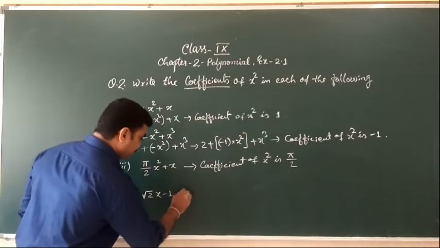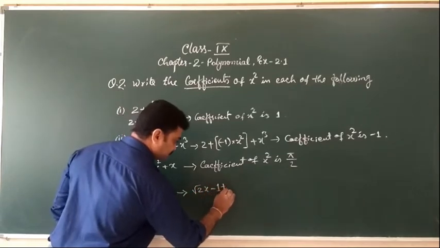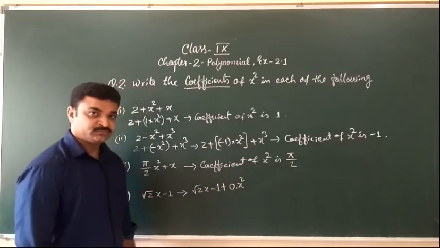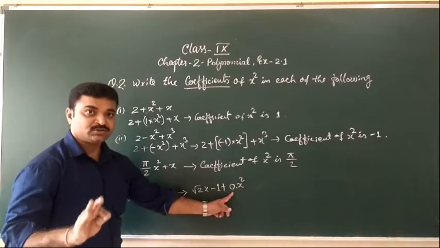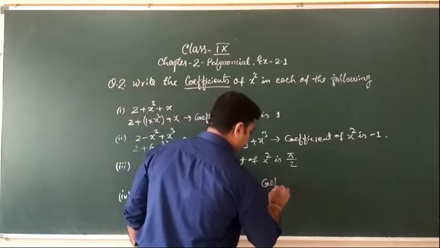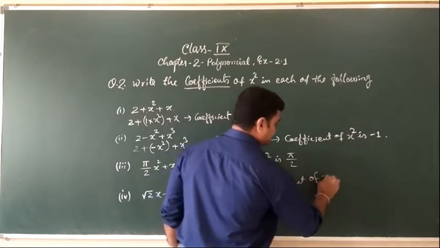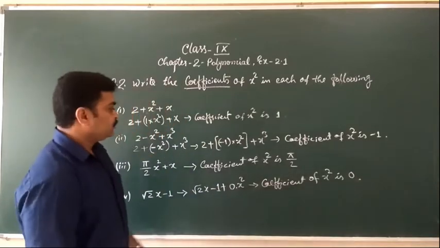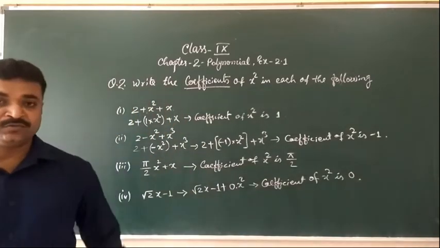So we can write root 2x minus 1 plus 0 into x square. See, 0 is also a constant. So we will write here the coefficient of x square is 0. Got it? Before we proceed to the next question, pause the video to note this down.